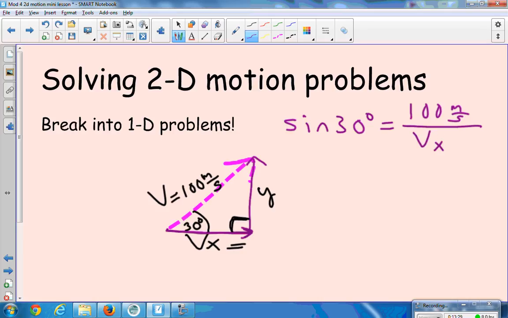So a little bit of magic math here. I'm going to multiply by vx, divide by sine 30. Let me know if this is a little confusing. I should go through the steps. And we're basically left with 100 meters per second divided by sine of 30. Sine of 30 happens to be, I'm going to use my calculator, actually. You can't see me doing that, so I really don't have everything memorized. But you may remember what sine of 30 is.